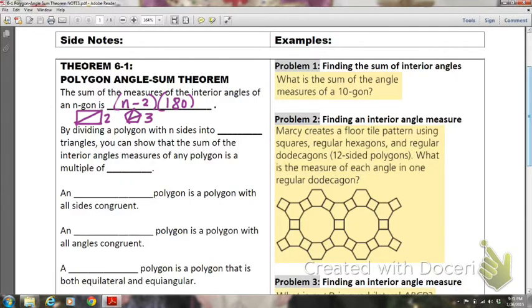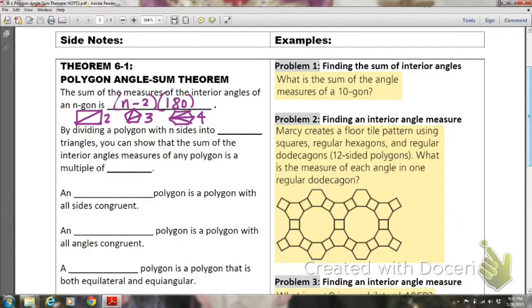If I have a hexagon, a hexagon has 6 sides, and from one vertex, if I draw the diagonals from that one vertex, then I have formed 4 triangles.